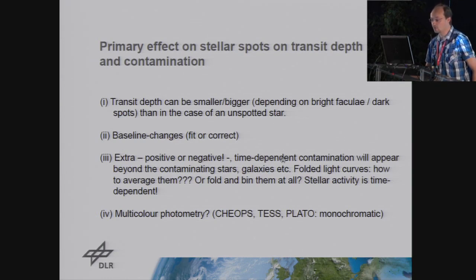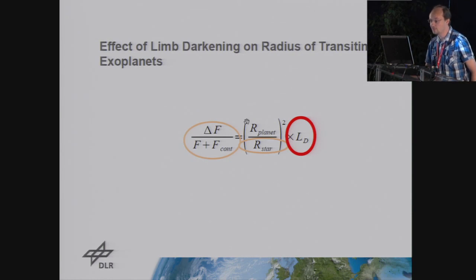And it is also problematic how to average, fold and bin light curves at all, because due to the time dependence of stellar activity, we fold something which is not stable enough. So the folding should be done very carefully. The next satellites will be monochromatic too, like CoRoT and Kepler, so multicolor photometry won't help too much, because there is no multicolor photometry in these missions.